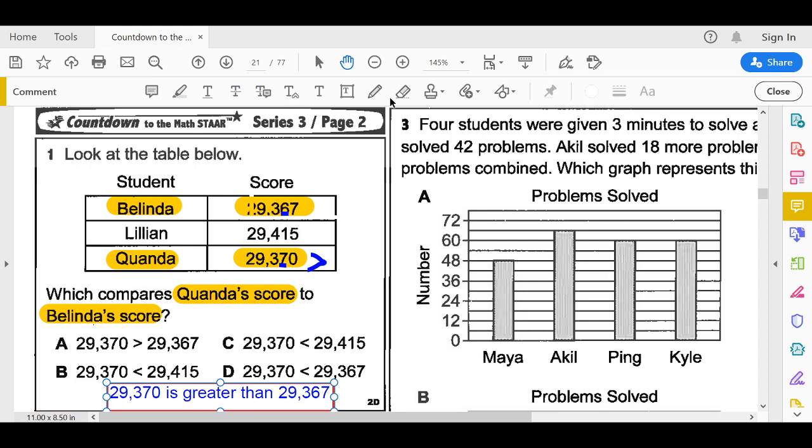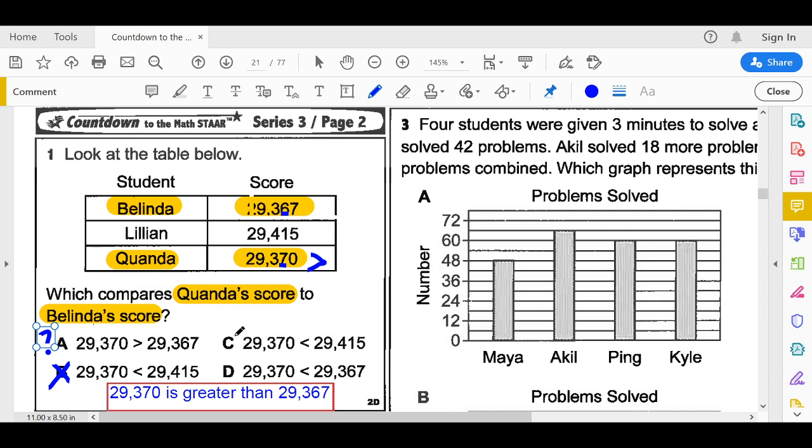I think we already found the answer that is correct, but I'm going to put a question mark here to check the others. Letter B, okay, the comparison is true, but we have a number that is for Lillian, and Lillian is not part of the comparison, so it is not correct. The comparison is true, but again, amigos, you shouldn't even be looking at this number because it's not part of the question.